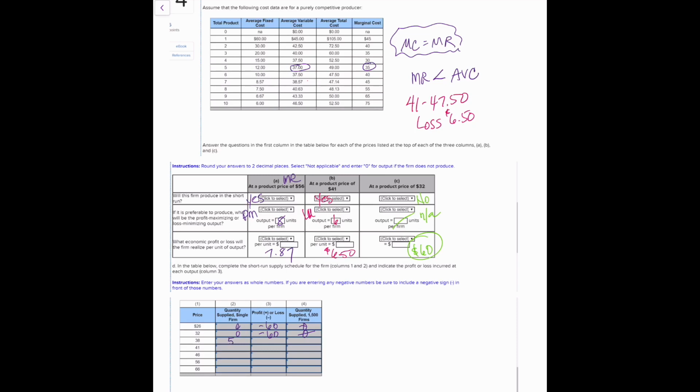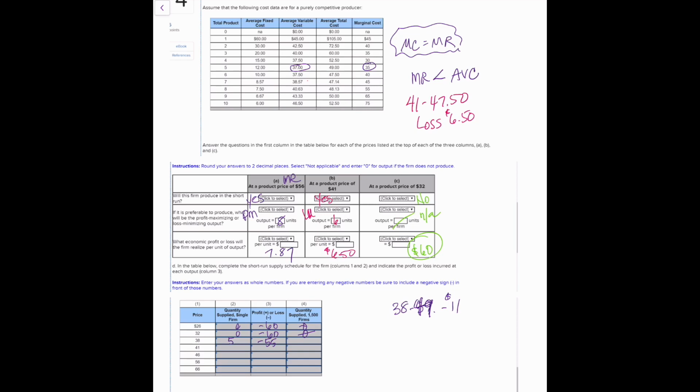And $38 per unit, minus the $49 average total cost, is going to be a loss of $55. So it's an $11 per unit loss, a $55 loss. And you'll notice that even though it's a loss, it is less than the loss for shutting down. This is why we recommend that firms stay in business if they can offset some of those total costs.